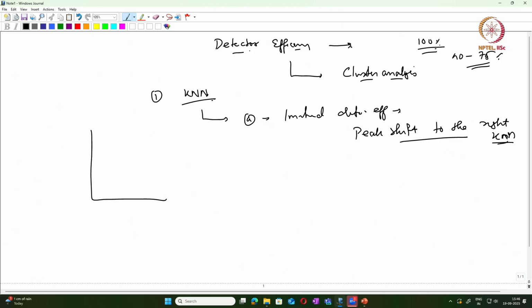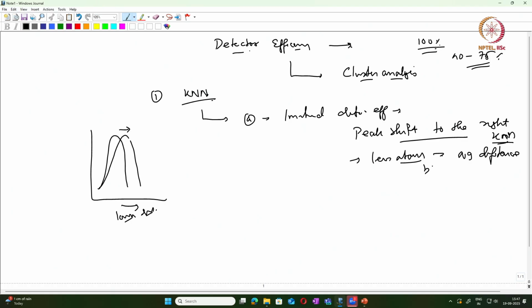If you have this particular peak for the nearest neighbor distribution, usually the peak will shift to the right side, at larger distances. It means that there are fewer atoms, so the average distance between the pairs is increased.